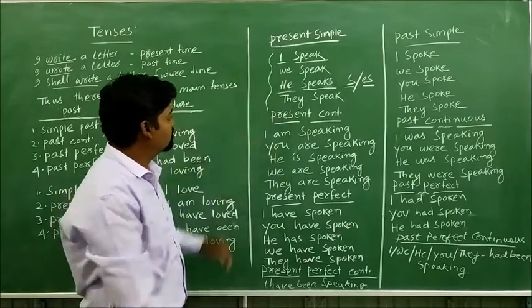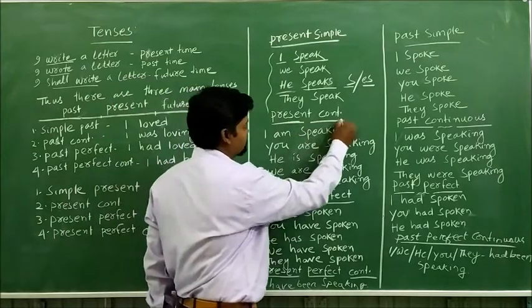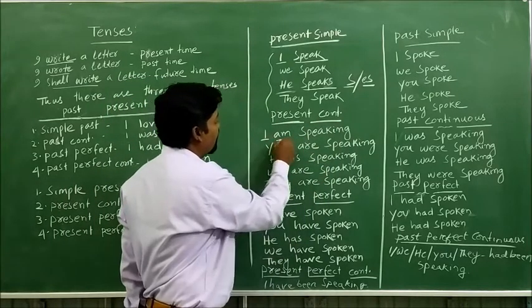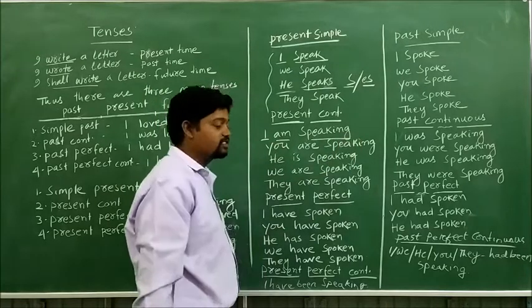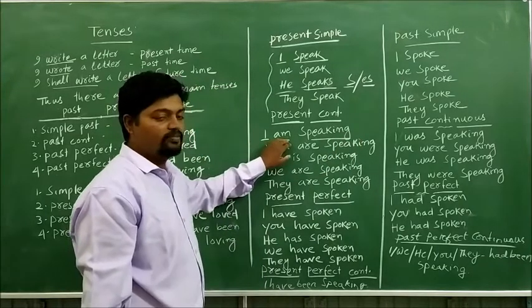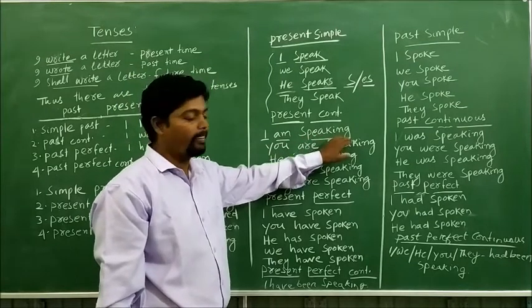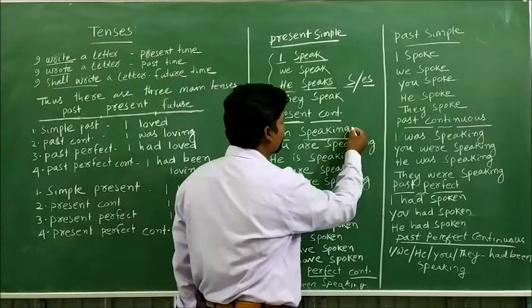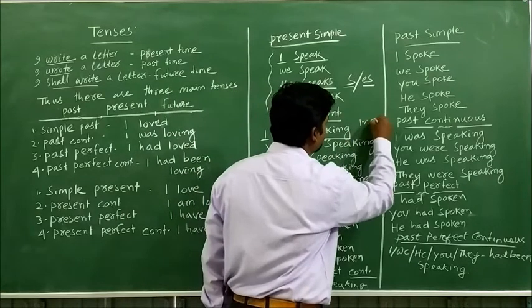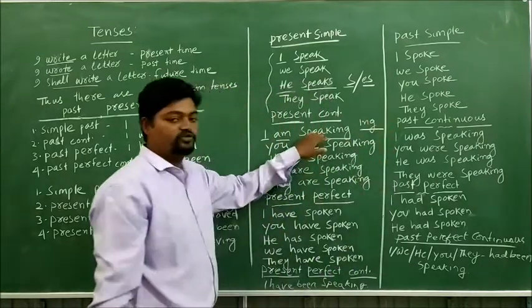When we change to present continuous tense, see, I am speaking. Subject plus helping verb plus main verb plus ing. So in the main verb, we always add ing in the present continuous tense.